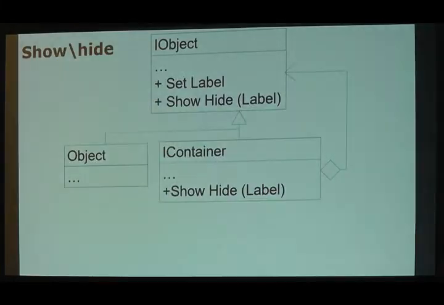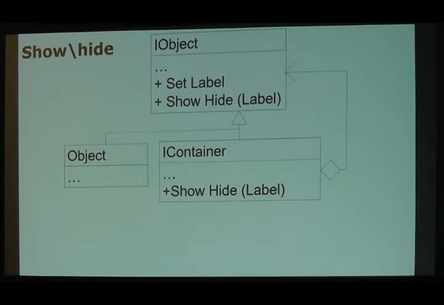So let's add some interaction. The first thing I want to do is add a way to show or hide parts of the object hierarchy. We do that simply by giving each object a label. It's a string label, and then implement the method show hide label, and we can call a VI that goes over the hierarchy, and when the label matches, it shows or hides the object.